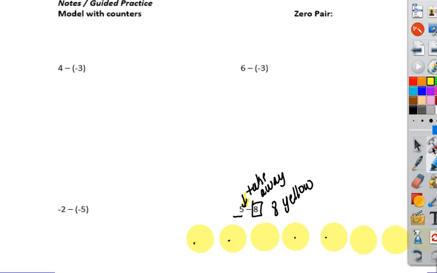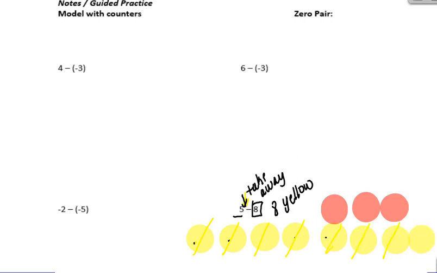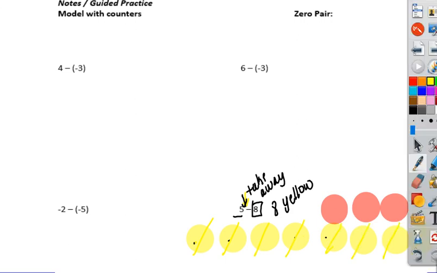And for the 3 that I just added in, they have to be 0 pairs, right? I just can't add things in because I want to. I added my 3 0 pairs, and now can I take away 8? 1, 2, 3, 4, 5, 6, 7, 8. And I am left with a negative 3 is my answer on that 4th one.